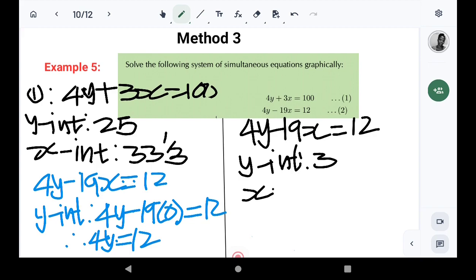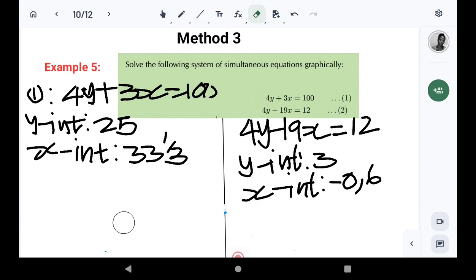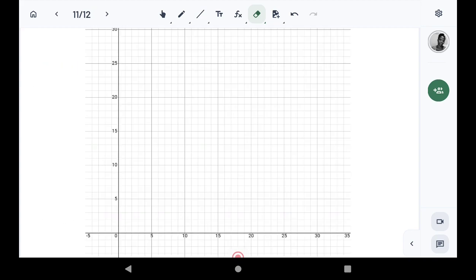And then the x-intercept is approximately negative 0.6. All right, now we go ahead and draw the graphs on a common set of axes.